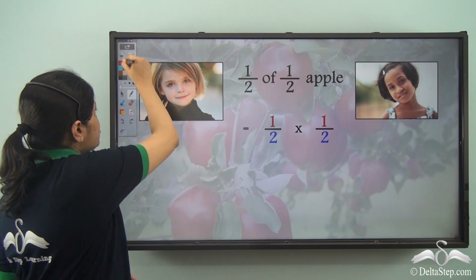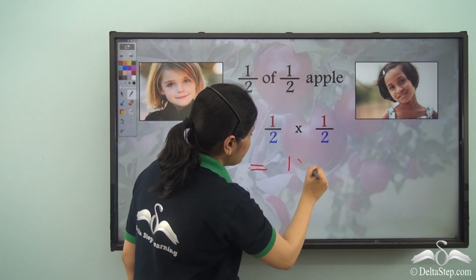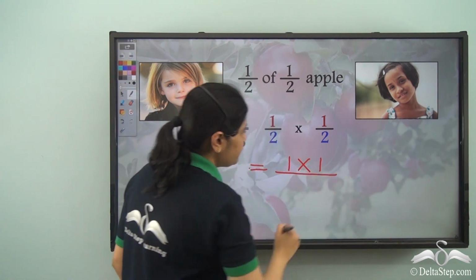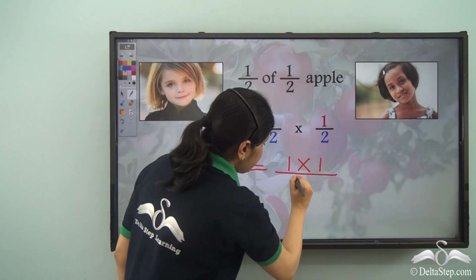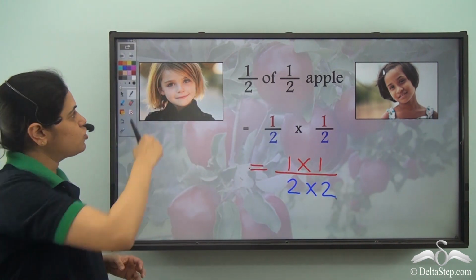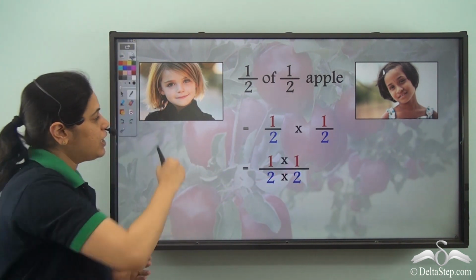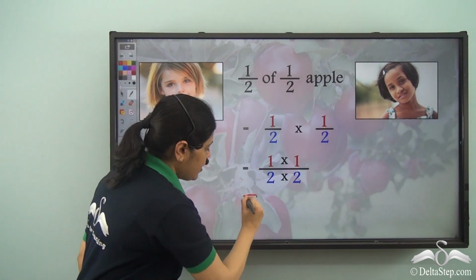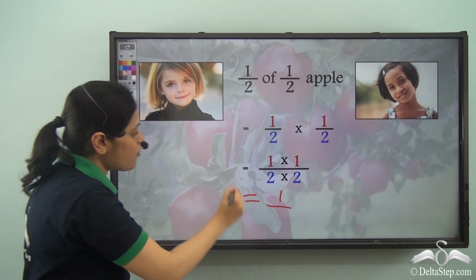When I need to multiply two fractions, I multiply the numerator with numerator, so 1 into 1, and I multiply the denominator by denominator, so 2 into 2. 1 into 1 by 2 into 2. Now 1 into 1 is 1 and 2 into 2 is 4.